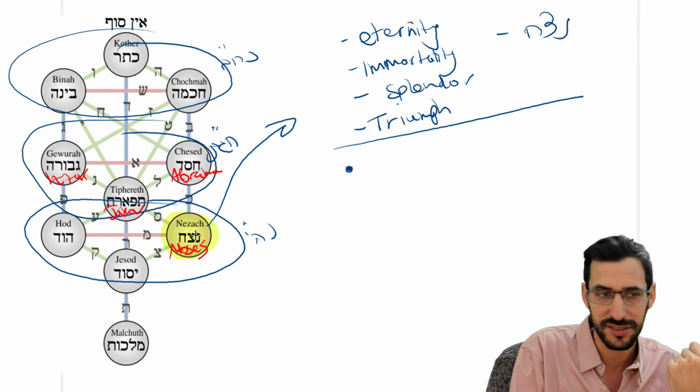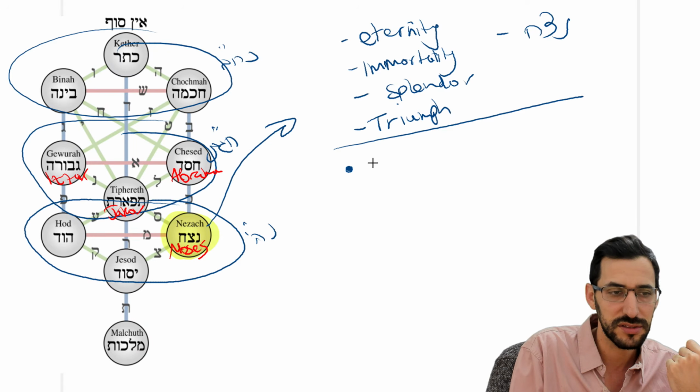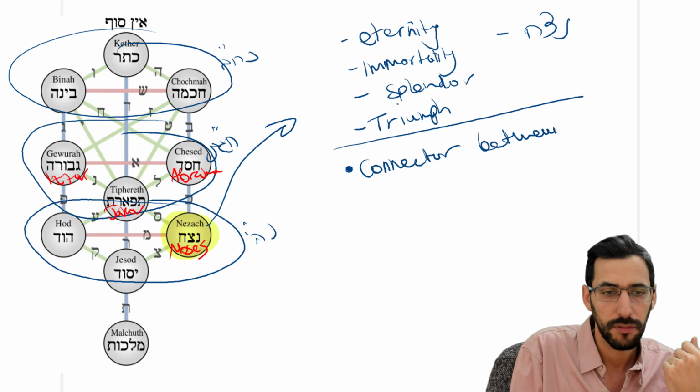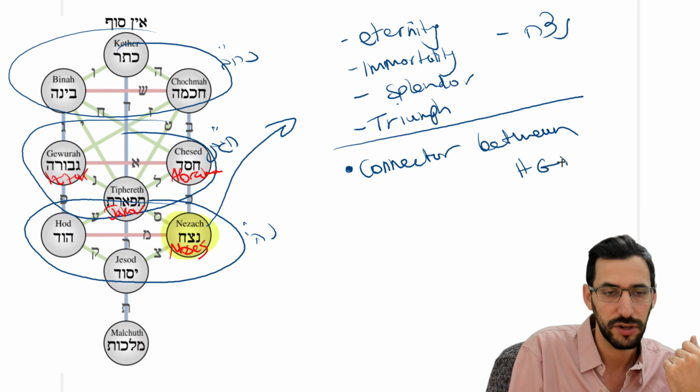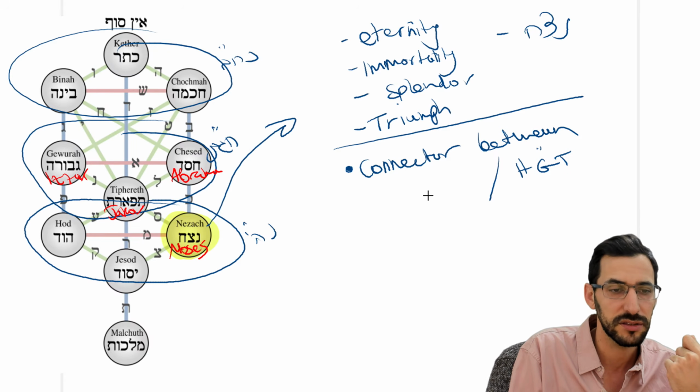That's the role of Netzach. So it's a connector, you could say, between Chesed, Gevura, Tiferet and Hod, Yesod, Malchut.